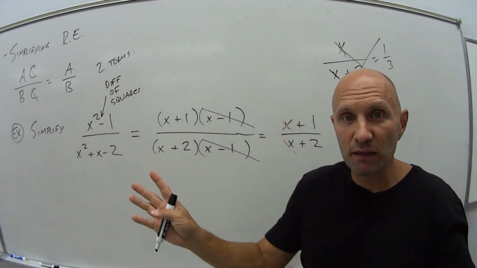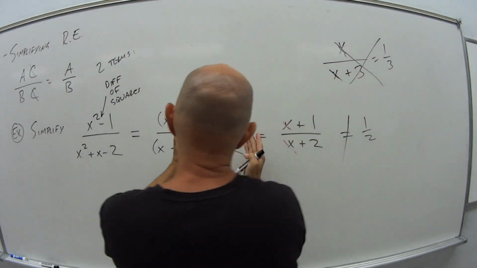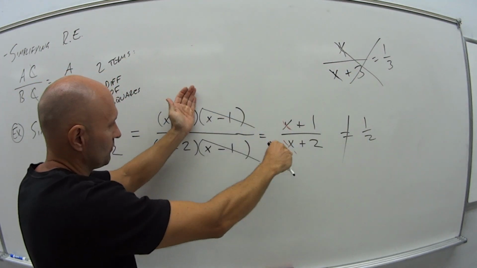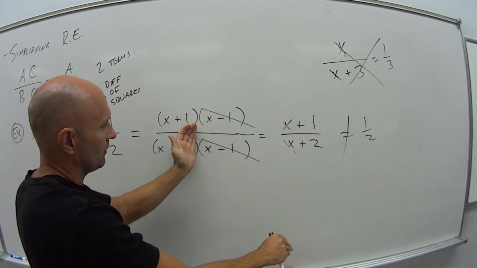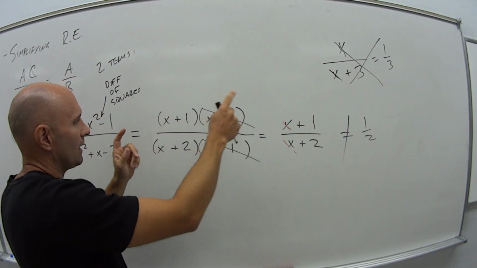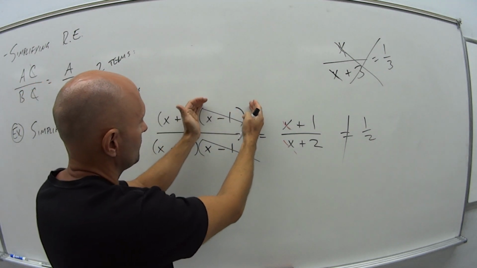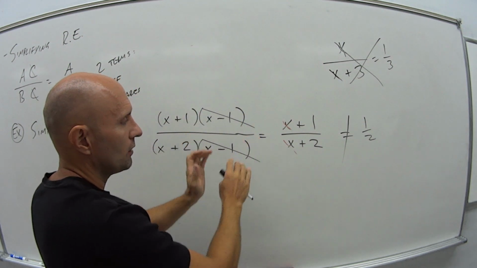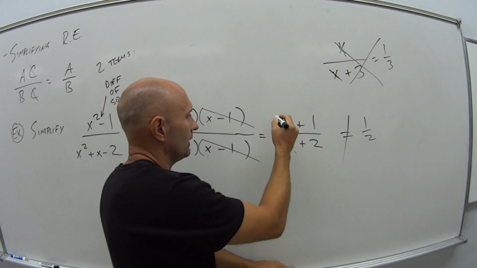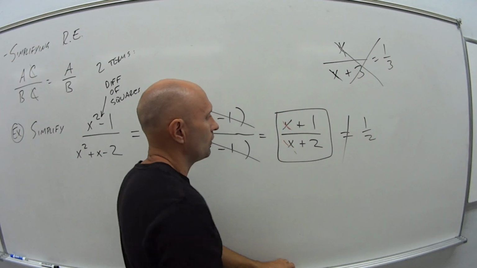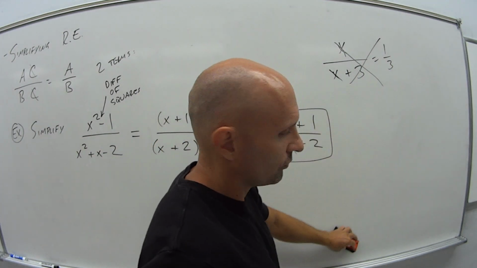It's either everything or nothing. Right here, I'm canceling out an x minus 1 with an x minus 1. I'm not canceling out just a little piece here and there. It's all x minus 1, all x minus 1, or nothing. So your answer here should be x plus 1 over x plus 2.